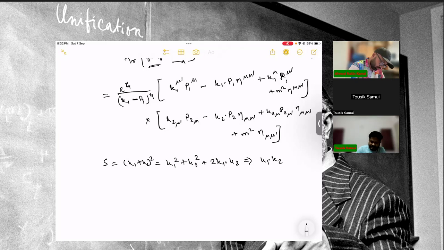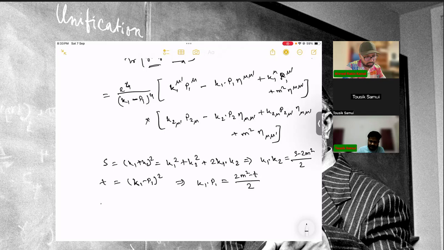If we define in this way, these are called Mandelstam variables, then it is nothing but S equals 2m squared, where m is the mass of the electron, and T is defined as K1 minus P1 whole squared, which is the full vector squared, and then this implies that K1 dot P1 equals 2m squared minus T over 2, and U we define as K1 minus P2 whole squared, implies K1 dot P2.